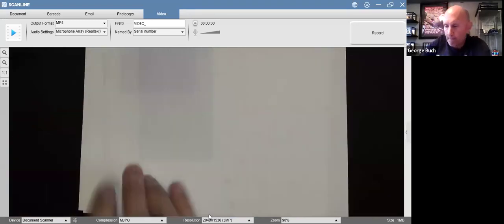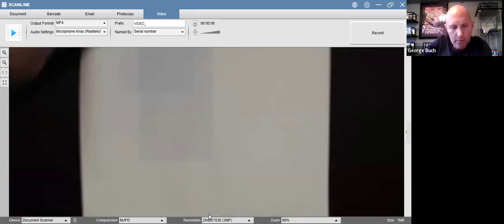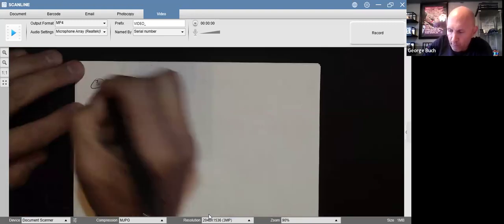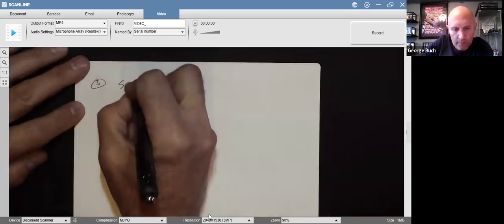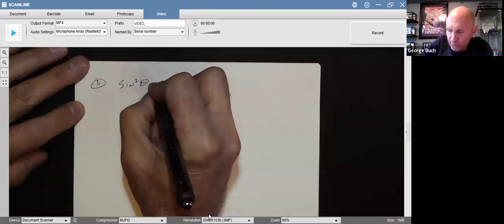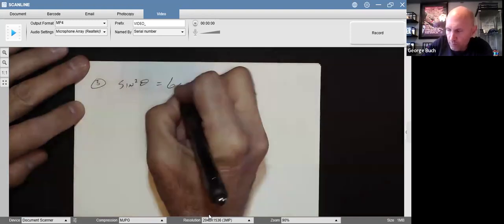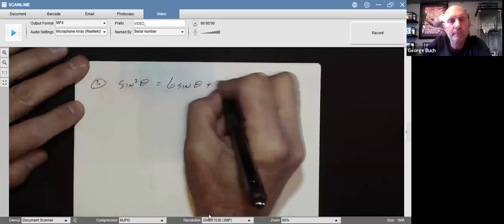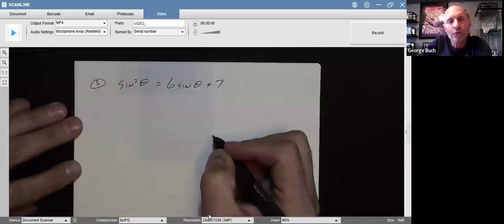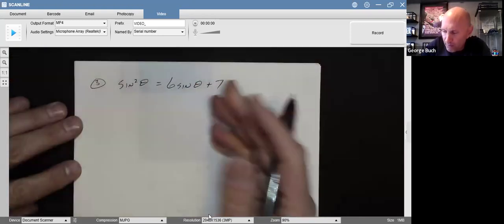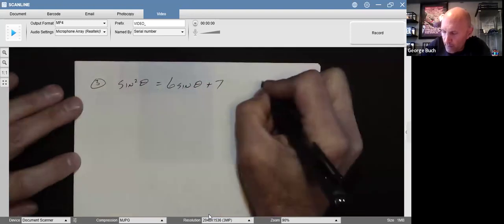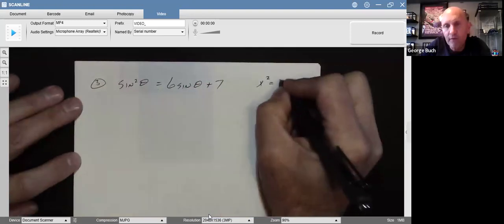Number 3, we had sine squared of theta equals 6 sine of theta plus 7. So this is similar. If you want to think of this, this is like x squared equals 6x plus 7.